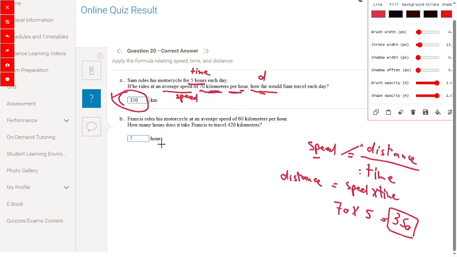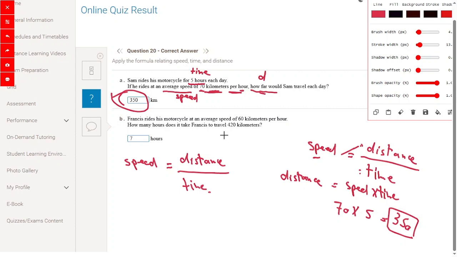Okay? Now, number B, Francis rides his motorcycle at an average speed of 60 kilometer per hour. So the speed is 60 kilometer per hour. So now we write the equation. Speed equal distance divided by time.